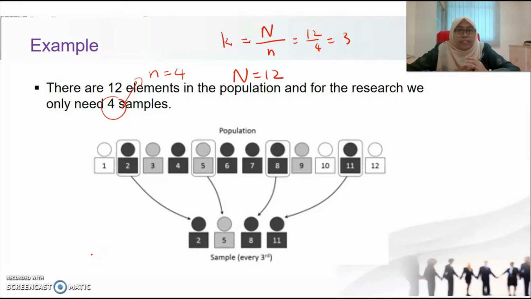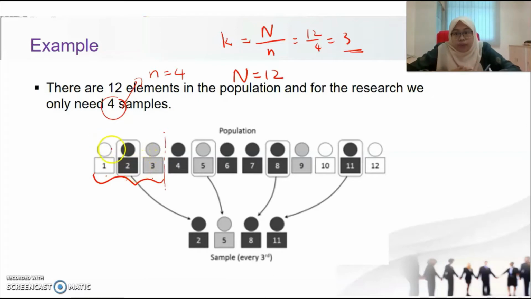For the first element, I must randomly select from the first 3 elements of the population because my k is 3. So the first 3 elements are these 3 here. I can just randomly select one element as my first sample. Maybe I can pick number 1, or number 2, or number 3.